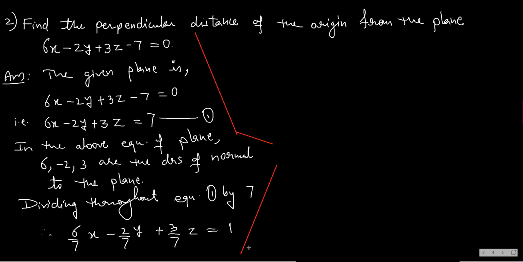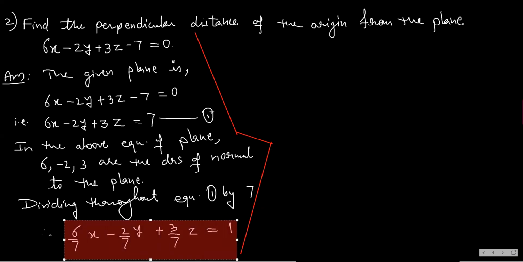See, students, this equation which you have here is the normal form of the Cartesian equation of a plane.